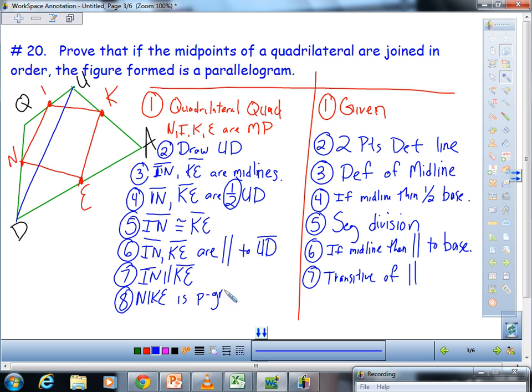And why? Well said, Yee. If a quadrilateral contains a pair of segments that are both parallel and congruent, so I just mark it like this and like that, then it's a p-gram.